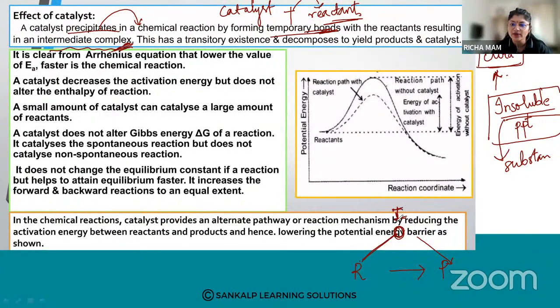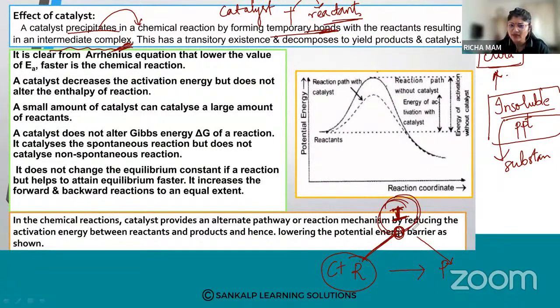It is in the center, forming an intermediate product. The catalyst will react with the reactant and form an intermediate complex, which lies between the reactants and the product. This is a transitory existence and it will decompose.